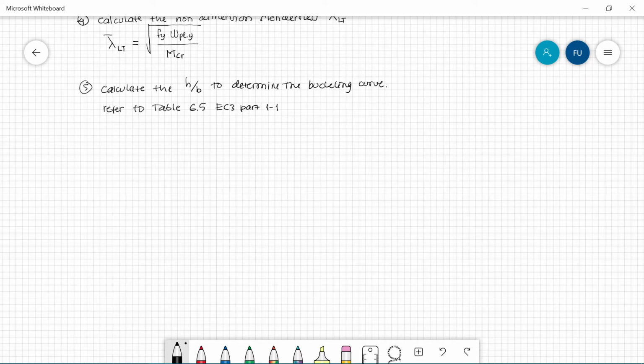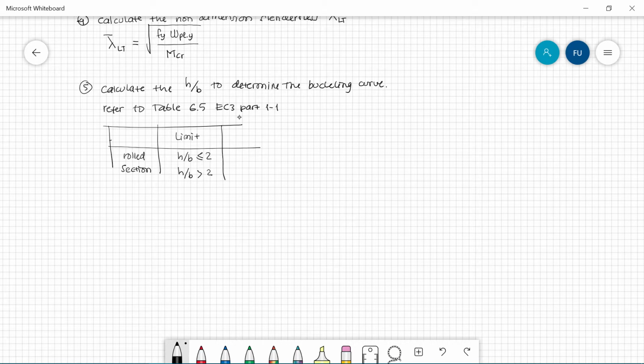So for the rolled section, there are two limits for the h/b: h/b less than or equal to 2, and h/b bigger than 2.